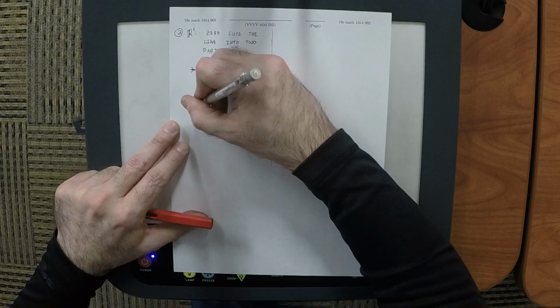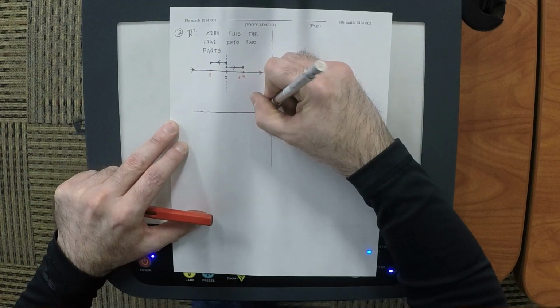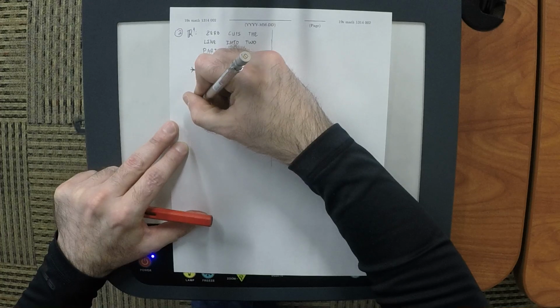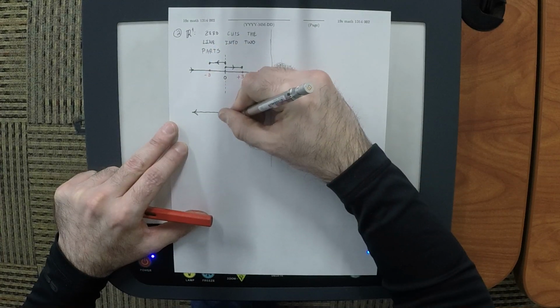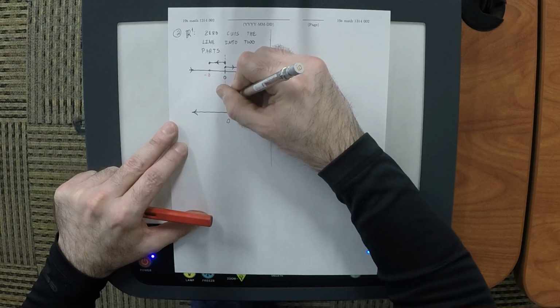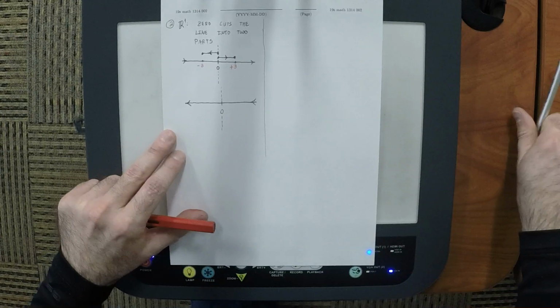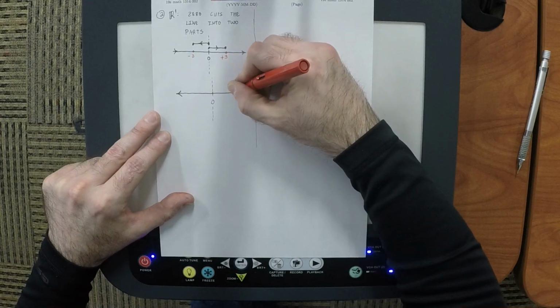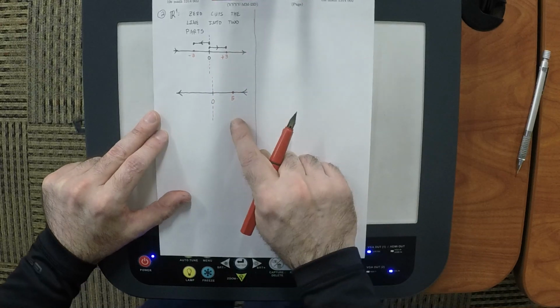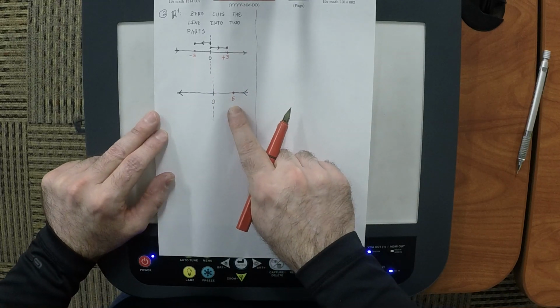Now, entirely analogously, if we do this and say that this is 0, and we measure the distance from 0 to this point, that distance is 5, but what's the name of that point?